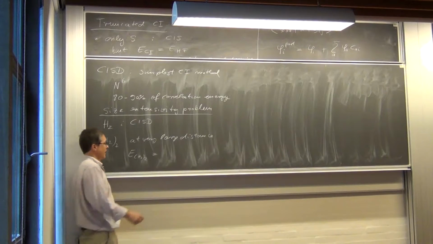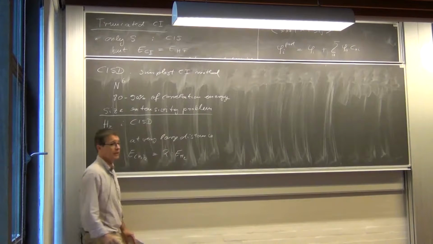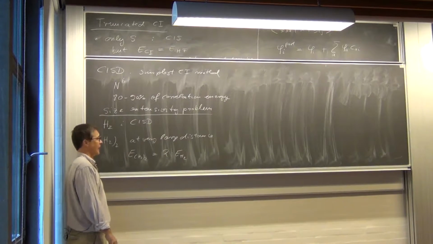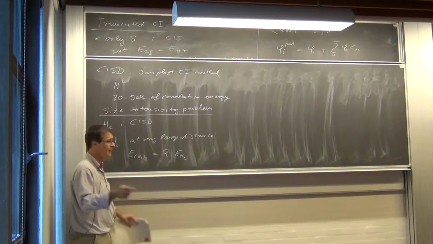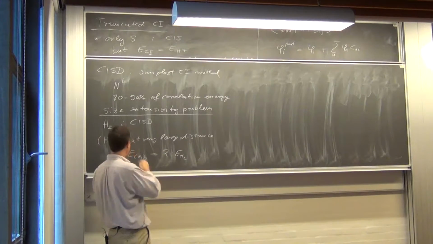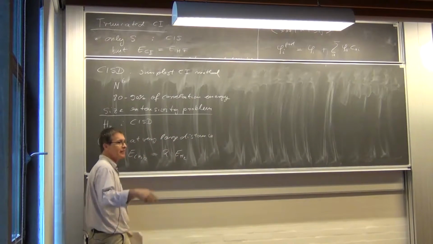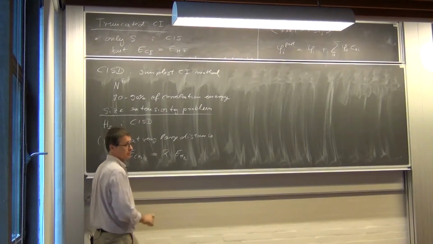Twice the energy. That should be twice the energy of one H2. And if you have intermediate distances, it should be approximately so. If I add more and more H2, the energy should scale properly. It should increase with the number of systems we have.